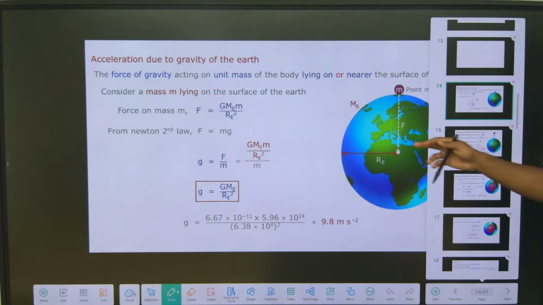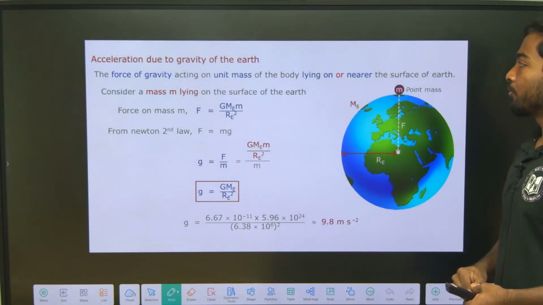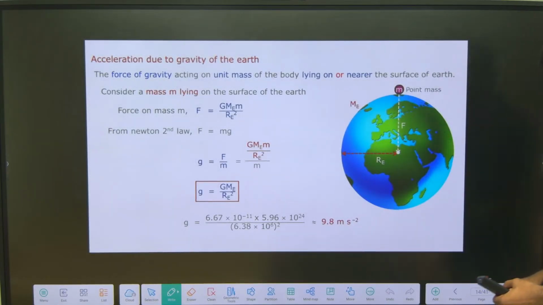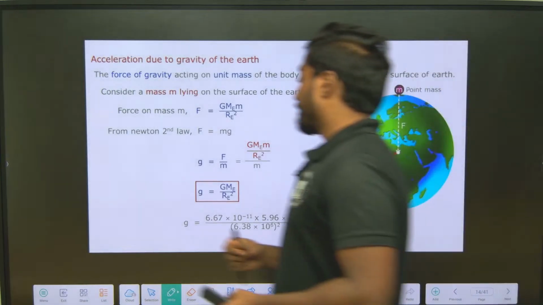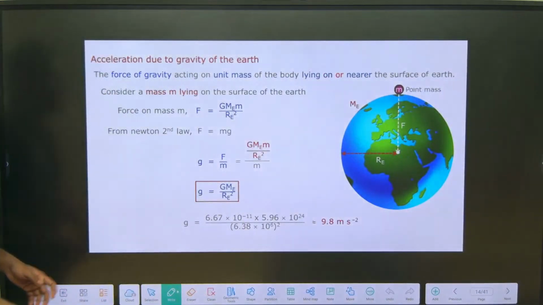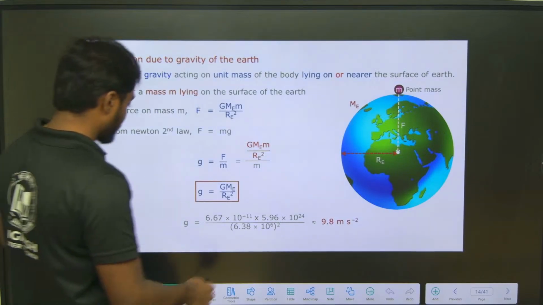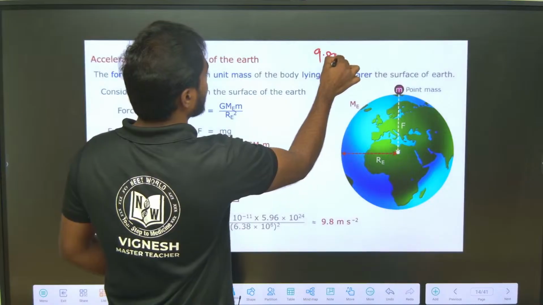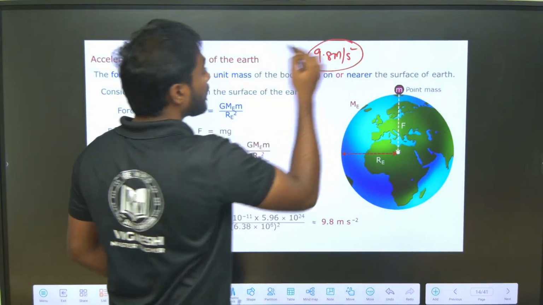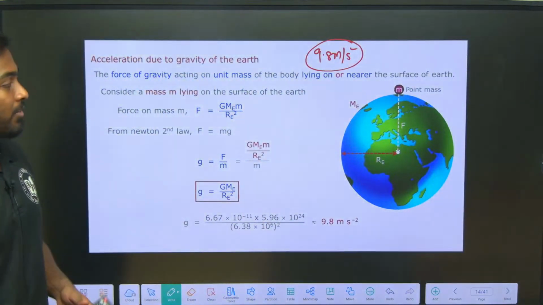So the next topic is acceleration due to gravity of Earth. Now we know the value of gravity, right? It is 9.8 meter per second square. Now we will see how we got that gravity value.